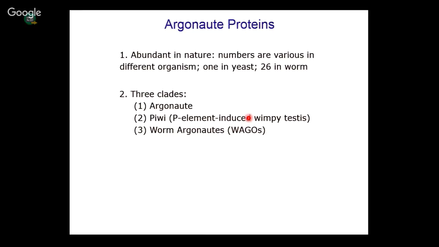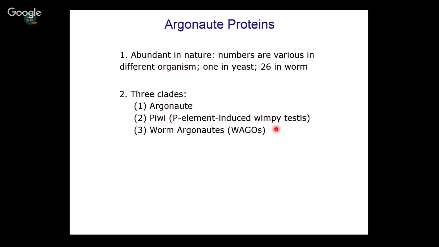And those Argonaute proteins can be classified into 3 classes, one is the Argonaute family, the second is PIWI. This term comes from P-element induced wimpy testis, the phenotype of the fly PIWI mutant.